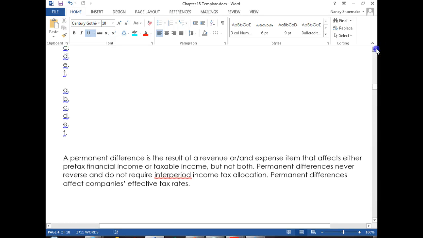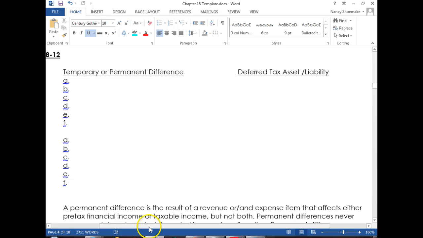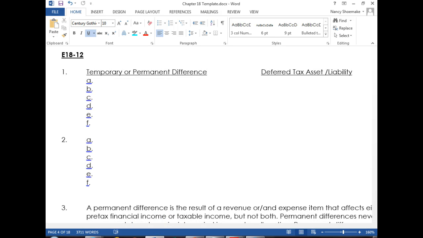There it is. Okay, 1812. Here we're going to look at temporary or permanent differences. Do I have my little book yet? Or my little sheet? Thank you.